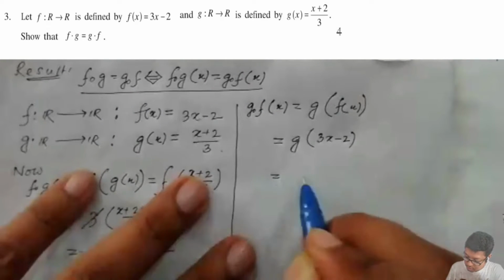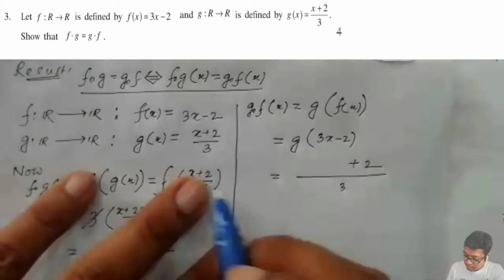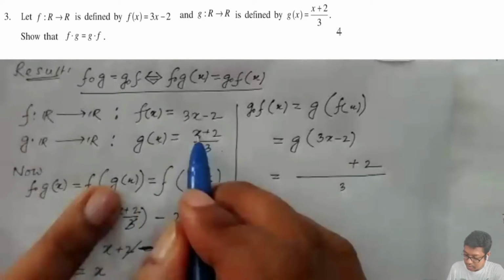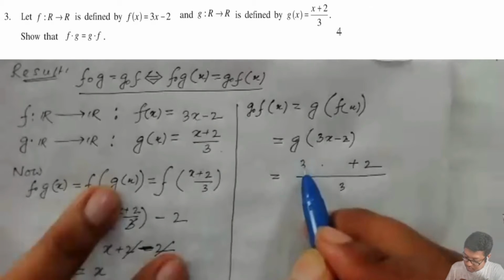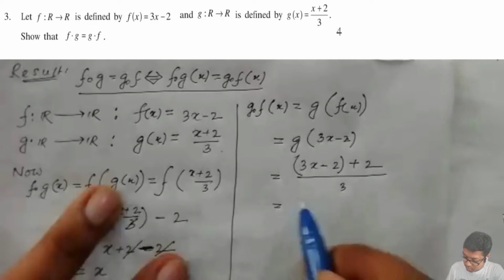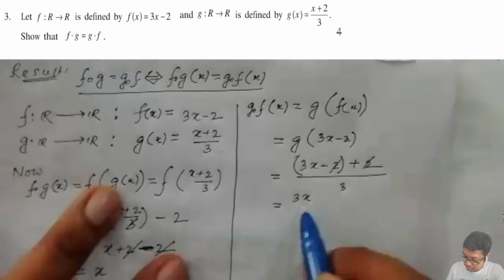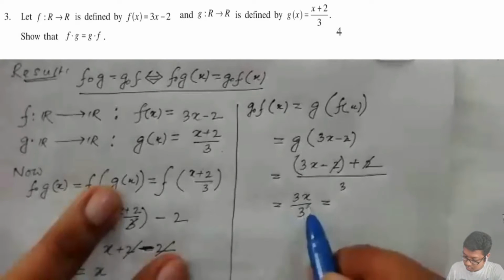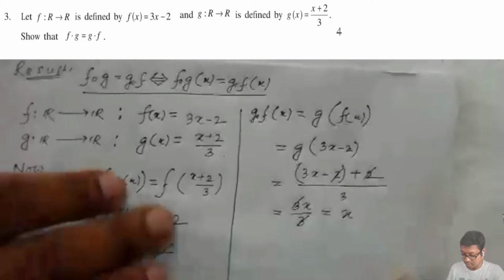So this is equal to something plus 2 by 3. You see, if it is x, it is x. If it is thrice x minus 2, then this will be thrice x minus 2. So the minus 2 plus 2 gets cancelled out. It is thrice x by 3. So again 3 gets cancelled out. We have x here.